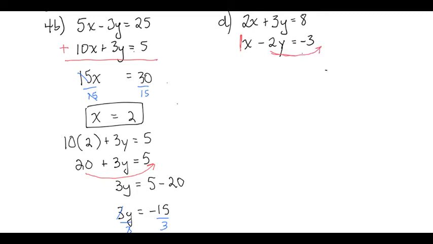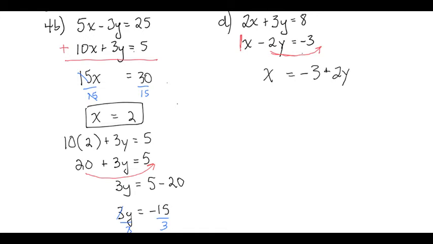When we do that, x is the only thing remaining on the left-hand side. On the right-hand side, we have the -3, which is still there. We bring the -2y over, it becomes a positive 2y. Okay, so this is what x is. X is -3 plus 2y.